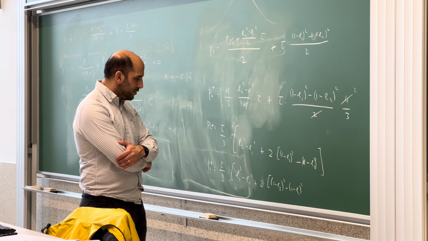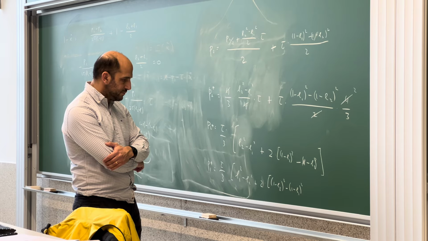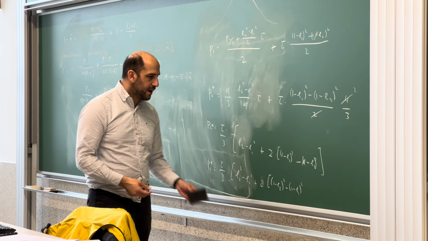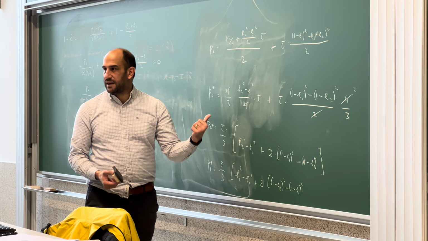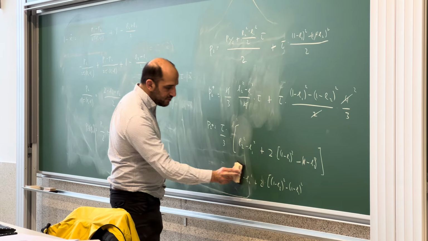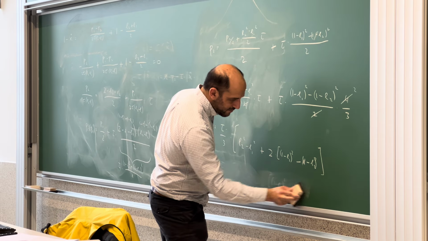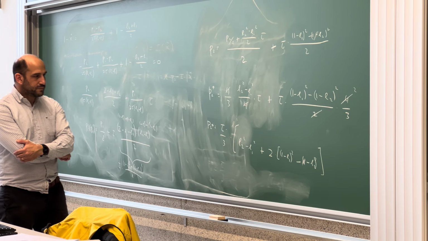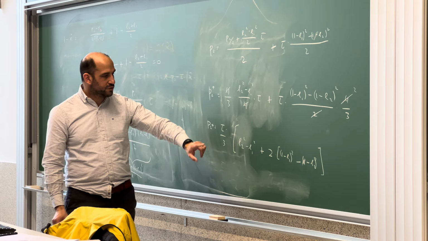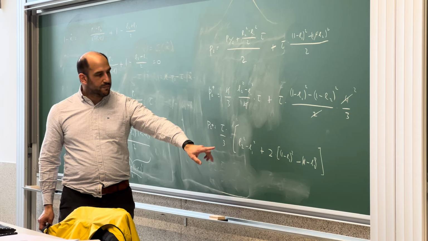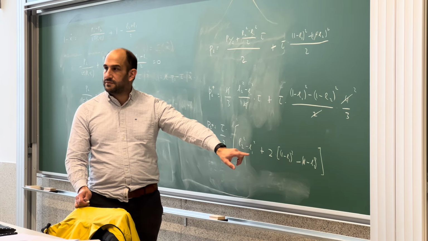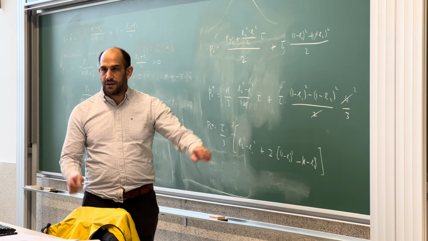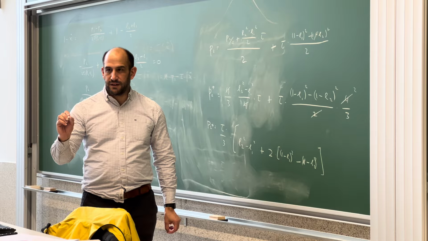Is that correct? Probably not. I think it's better to actually substitute this into the other one. Not go too fast here. Okay, this one is P2 star. Now, we can probably simplify this. Yes, we can.